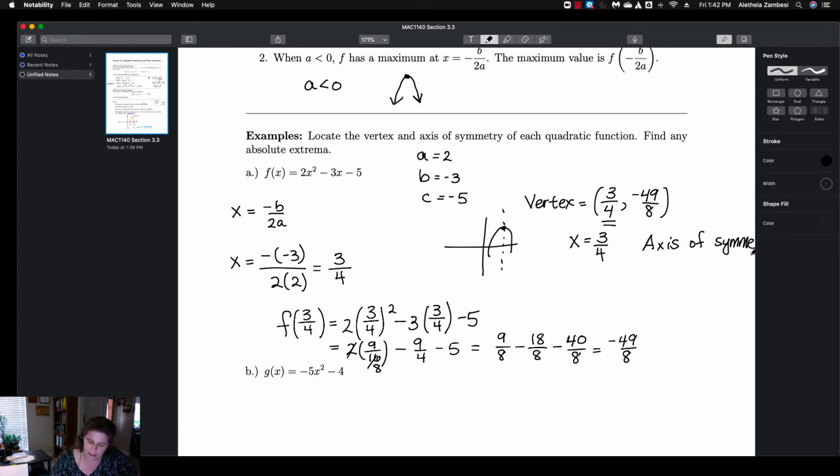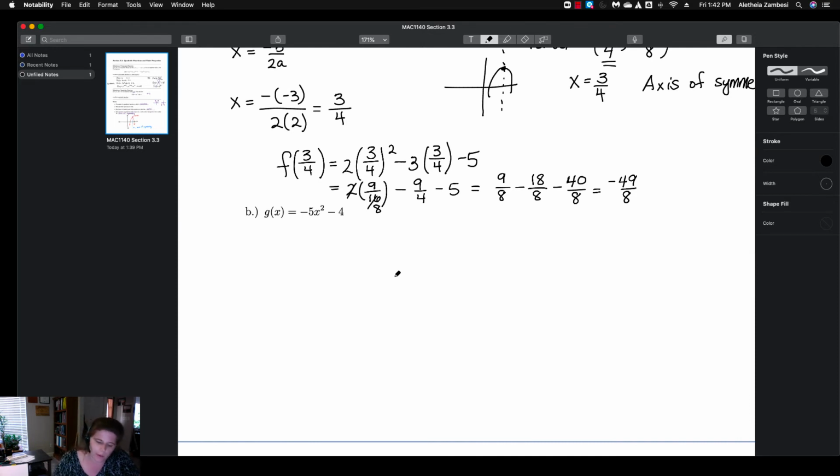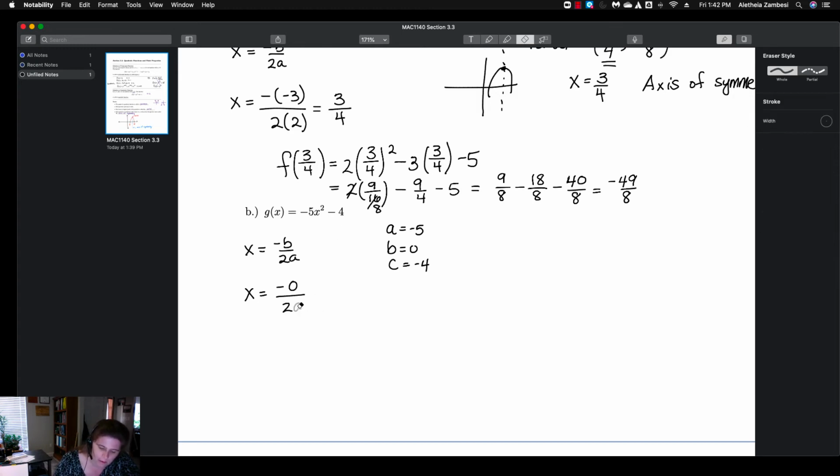All right, moving to the next one, I have g of x is equal to negative 5x squared minus 4. So x is equal to negative b over 2a, and my a is negative 5, b is 0, there is no b term, c is negative 4. So x is equal to negative 0 over 2 times negative 5, and we get 0.